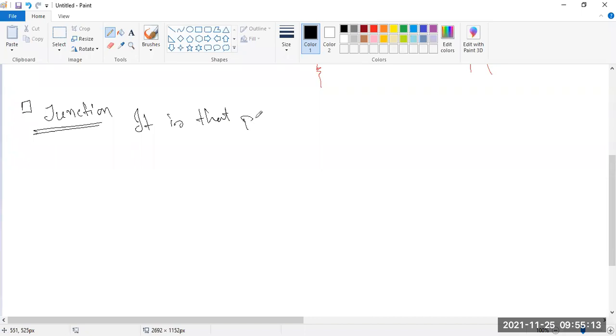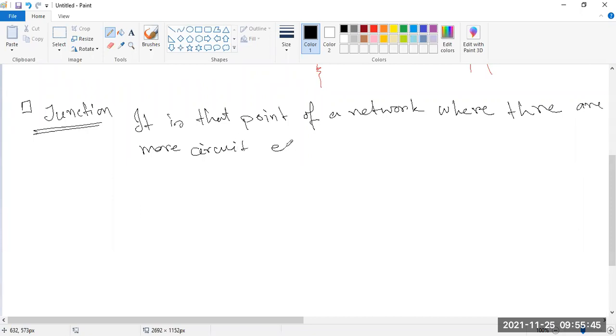It is that point of a network where elements join.